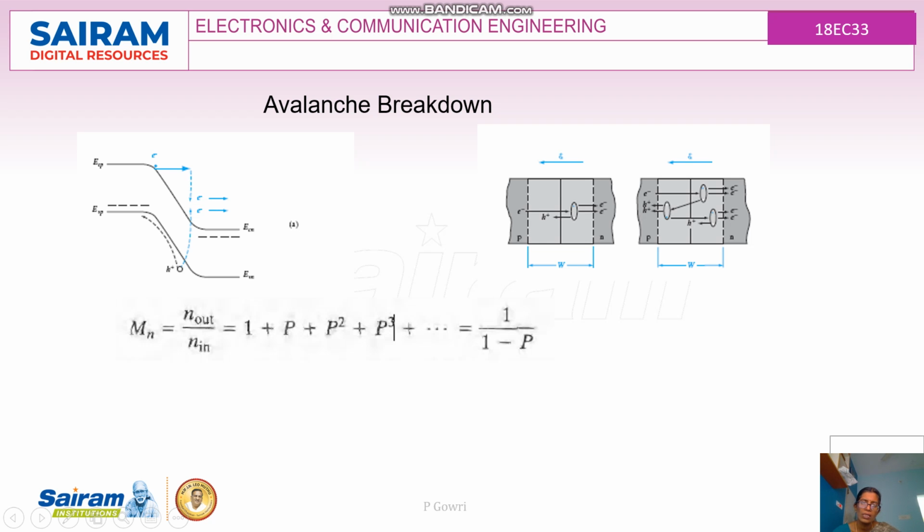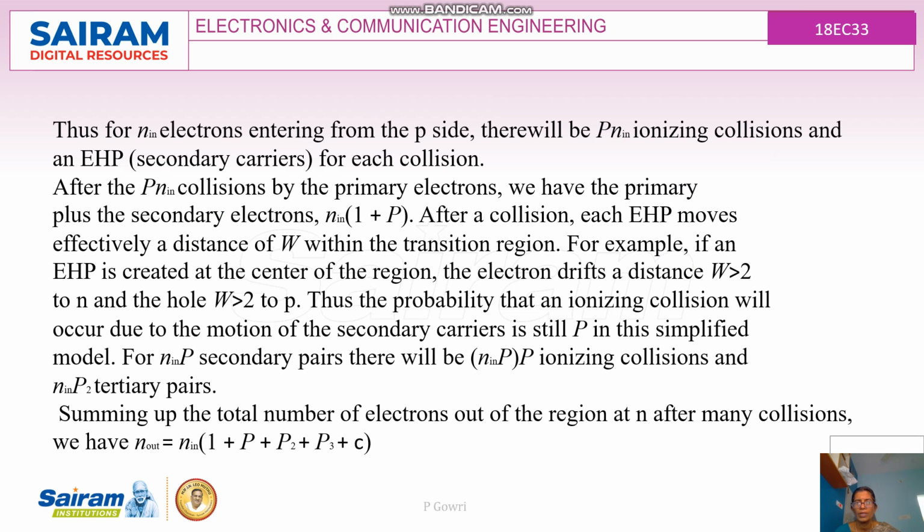In this case, we can say that the multiplication factor is given as Mn equal to n out by n in, which is equal to 1 plus p plus p square, and so on, where p is the probability that the electron will get a collision. So I can say that Mn is approximately 1 divided by 1 minus p. This process of multiplying and generating the carriers is called avalanche breakdown.